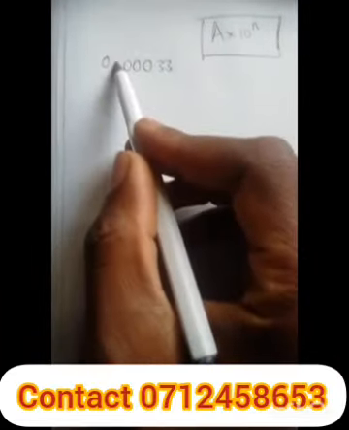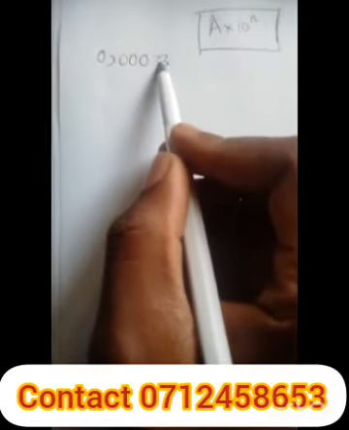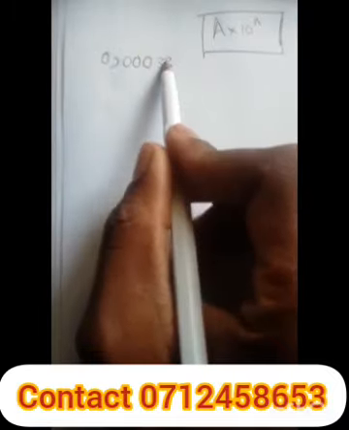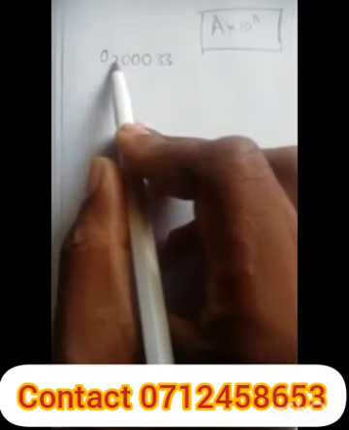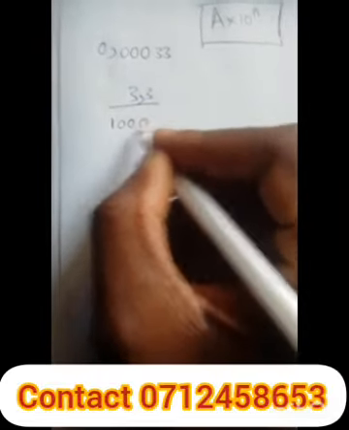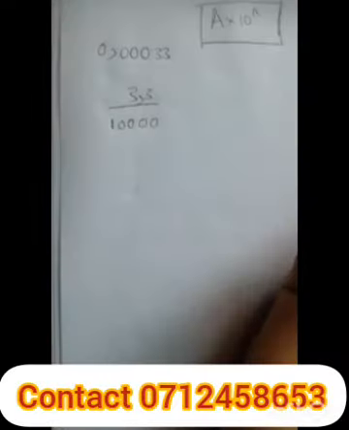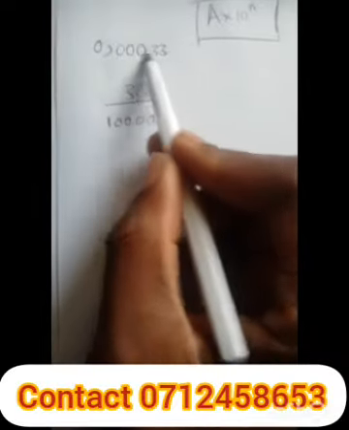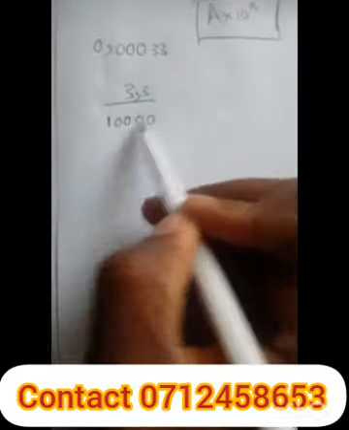So I'll move my comma 1, 2, 3, 4. I've moved my comma 4 times. I'll attain 3.3 over 1, 2, 3, 4. So instead of 100,000 this time, I now have 10,000.